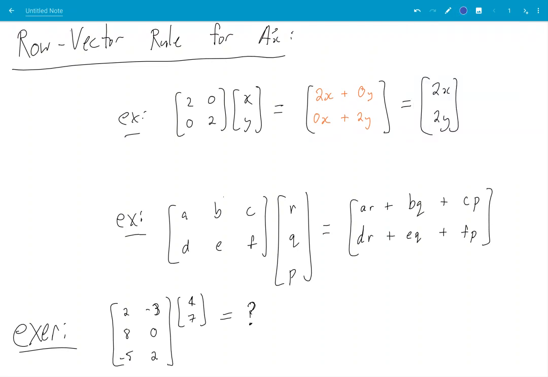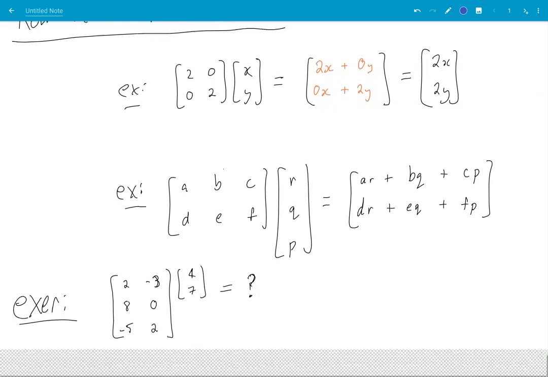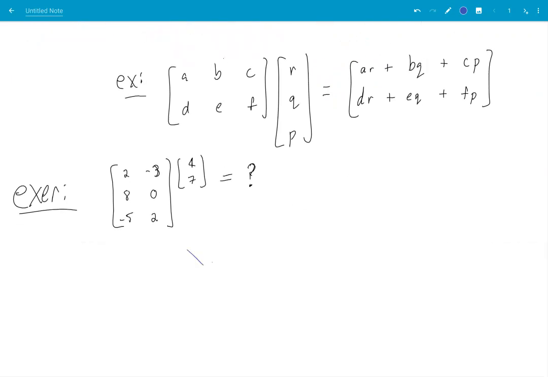Pause. Work. Okay, so here's my answer. I'm going to go this row times this column.